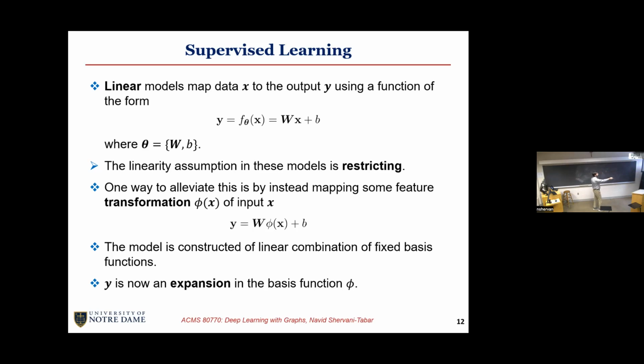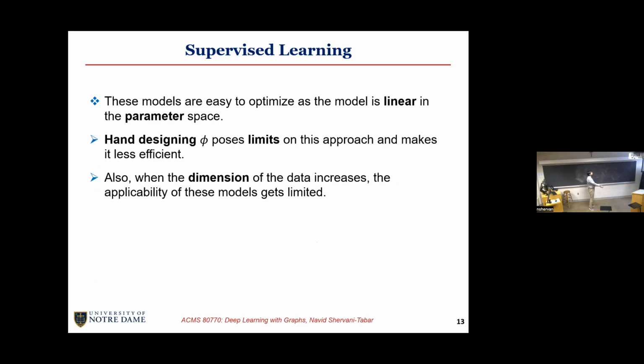So instead of X, we use phi of X. We can think about that phi of X as some expansion, some basis function, and we can think about this equation as an expansion of Y into these bases. So it is essentially linear with respect to phi of X, so it is easy to optimize, but there are some problems with this.